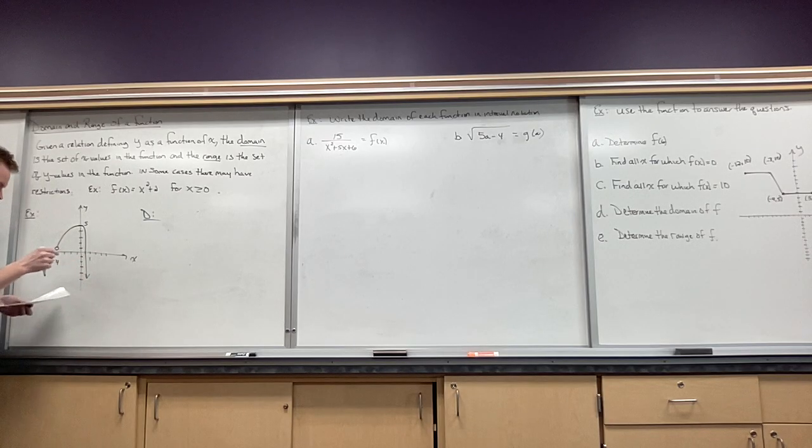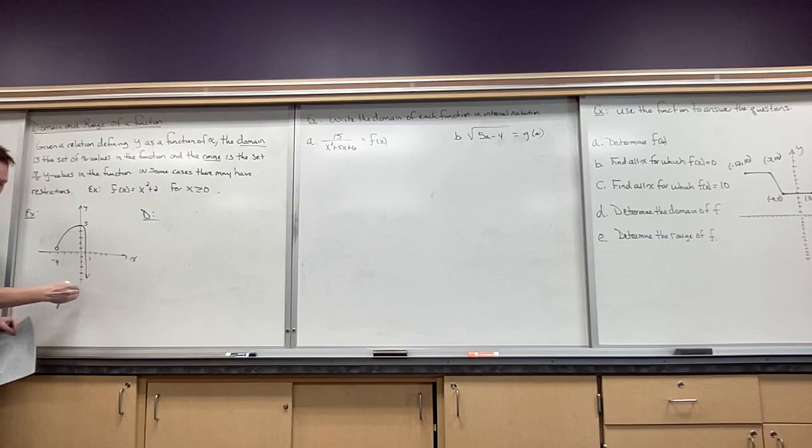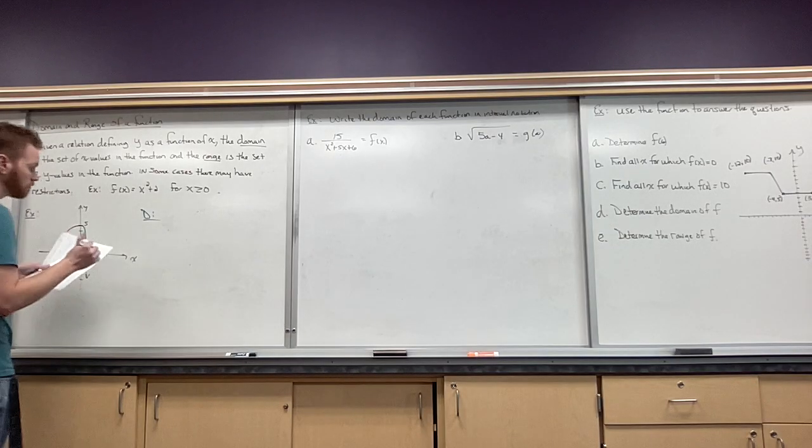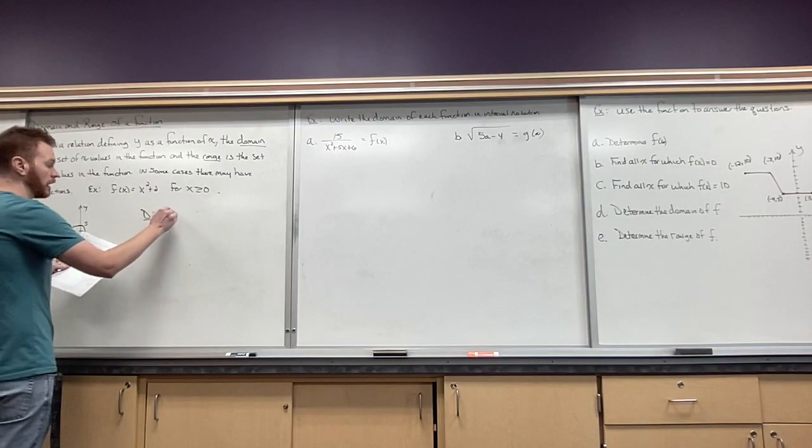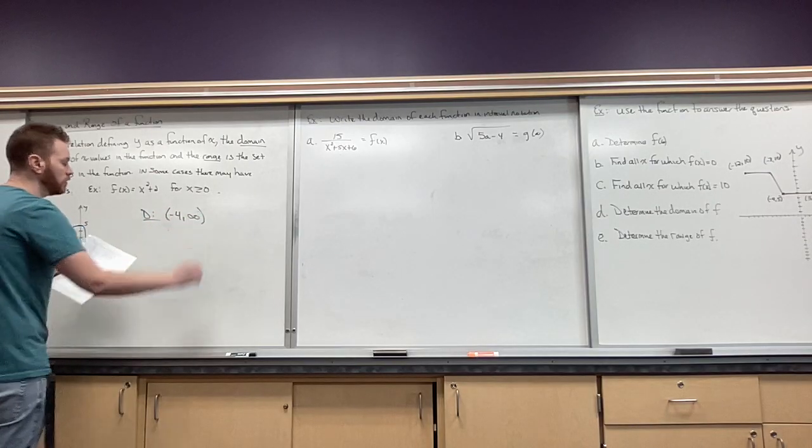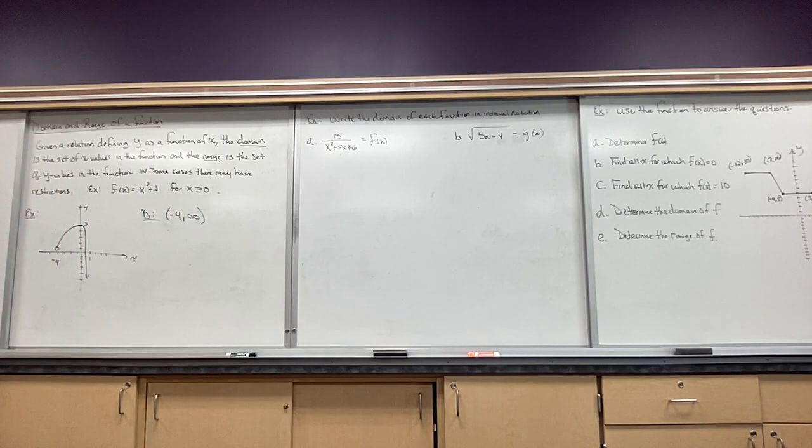The way I drew it, I do apologize, it looks like I just drew a straight line. It will eventually start curving in this direction right here. I don't want you to feel like it's just vertical. It will encounter all of the x values here, just anything after -4, not including it. So my domain would be (-4, infinity).